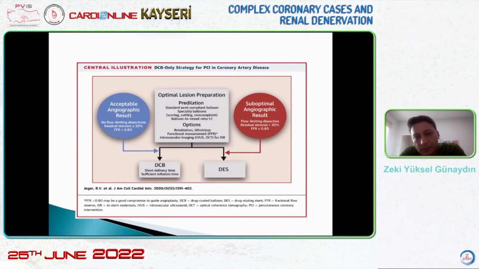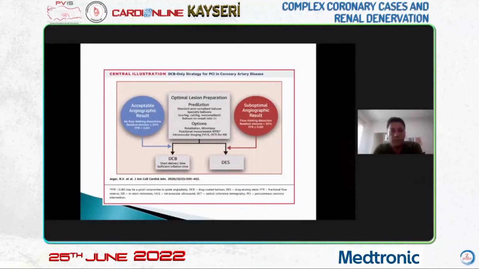One of the most important handicaps of drug-coated balloons is that in densely calcified regions, the drug penetrates the tissue less. Therefore, the result is not that effective. In such a case, preparing the lesion is important, selecting a 1-to-1 size balloon, and in certain calcific segments, tissue perfusion is increased, which will increase the efficacy.